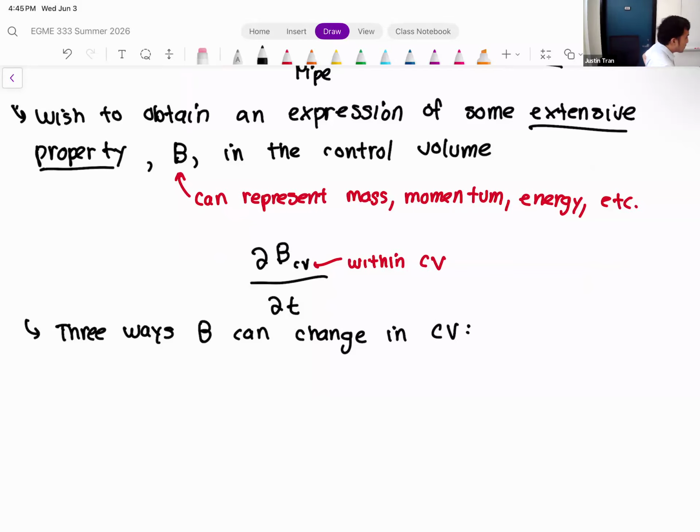And so from a physical standpoint, for any extensive property B, there are generally three different ways that B can change within a control volume. Number one is that B can flow into the control volume with the fluid.